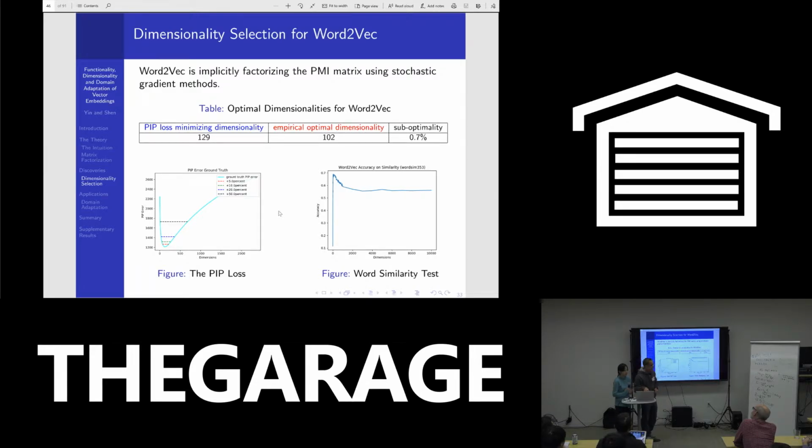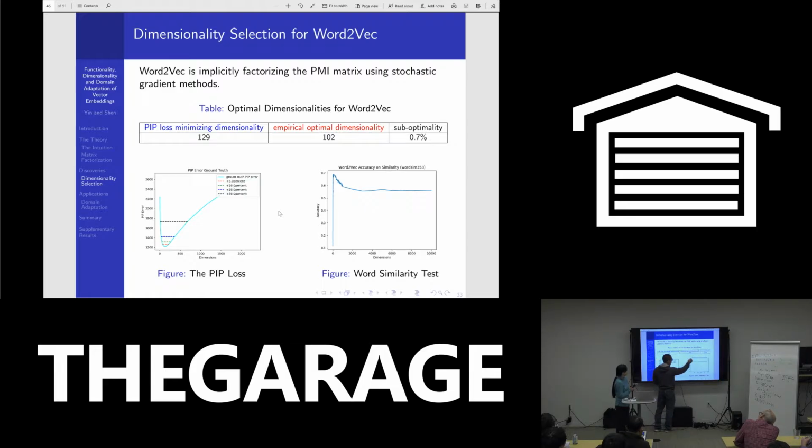This is for GloVe. The figure on the left is the PIP loss and the bias-variance decomposition. This is the dimensionality that minimizes it, and that's the number you see in this table. And here is the actual performance on a word similarity test. The y-axis is the correlation between the cosine similarity of a word pair and the human label, and we want that correlation to be high.